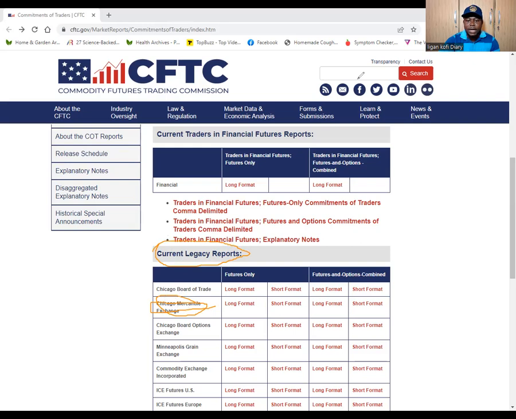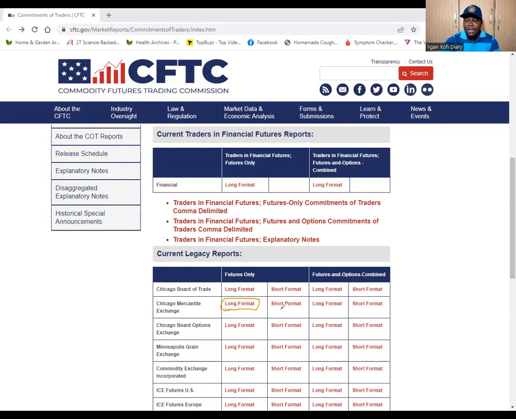Now, when you come there, there are two things you will see. Sorry, it's here. Chicago Mercantile Exchange is this one. You see they have long format and short format. It is the same report, but this one is in its long format, which looks a bit confusing.